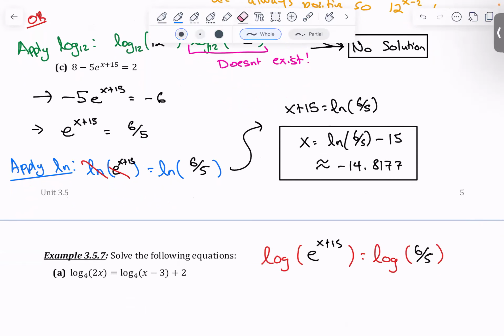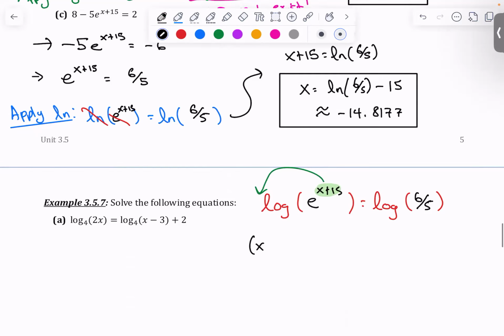What ends up happening is the exponent can be brought out front, but log of e does not cancel. So we end up with x plus 15 times log of e equals log of 6/5, which we have two ways we could go about solving.